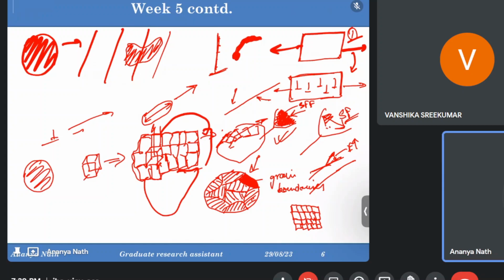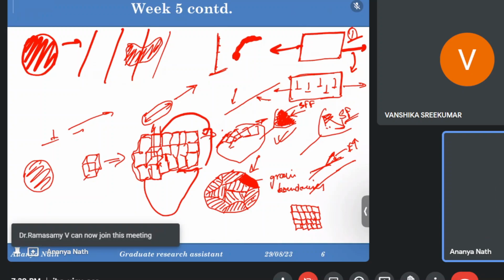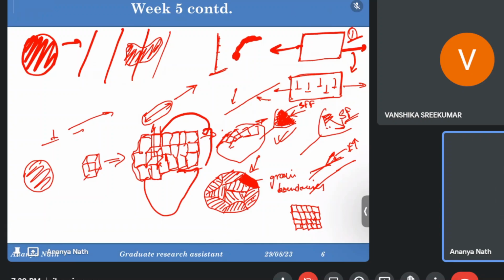Yes. And how they will be oriented, we cannot say, because if there is a particular cold working which has been provided to the material, then the grain will have a particular direction, all the grains will be oriented in a similar way.